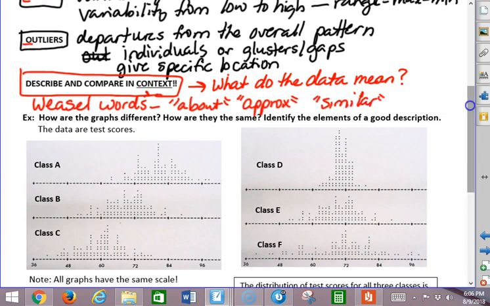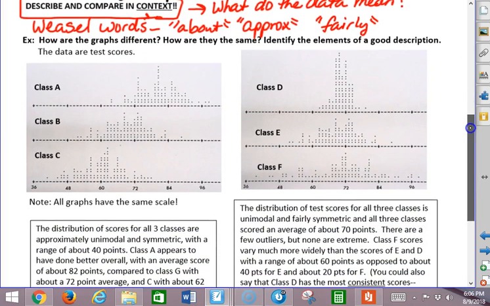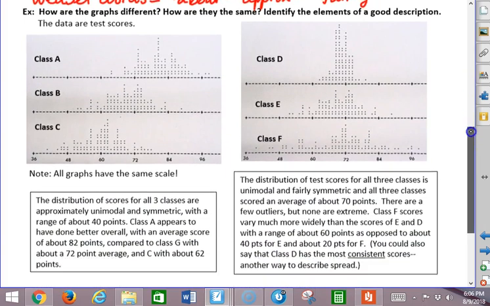Things like that, or fairly. Because we might say this data is fairly unimodal and symmetric, or we might say that the center is about 23 inches or something like that, because you can't tell exactly from looking at the graph. So we want to use those words.